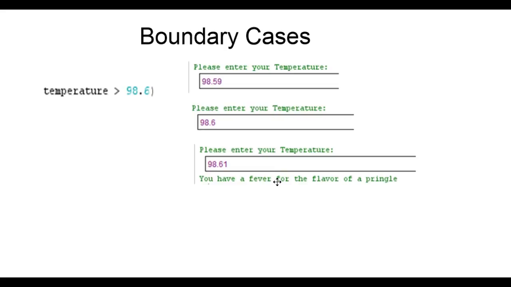Making sure that we're to the left and the right and at the boundary case. Making sure we're testing it so that it's going to do exactly what we expect it to do. Now, you don't have to test every number. That would be ridiculous. But you do have to throw in more than one value.